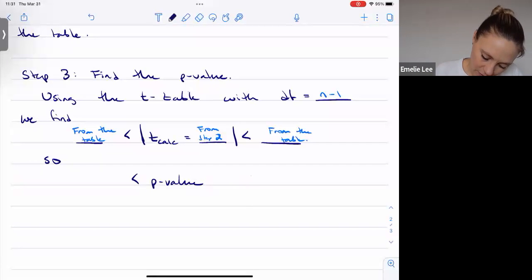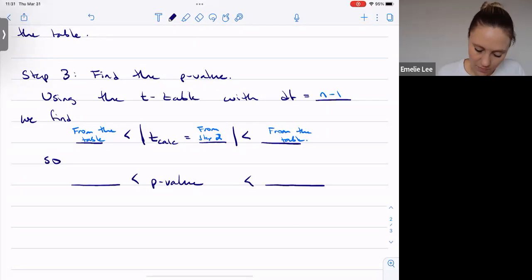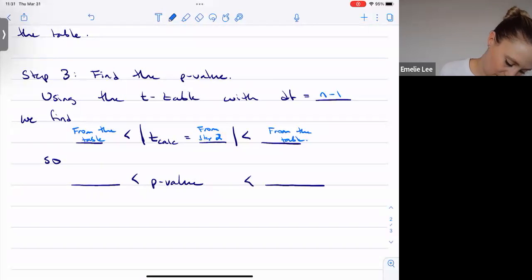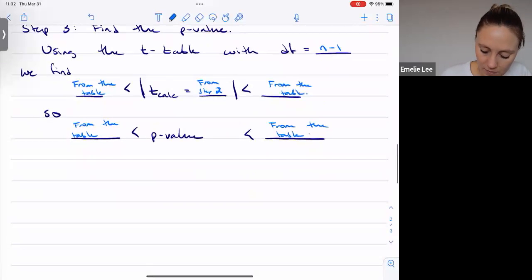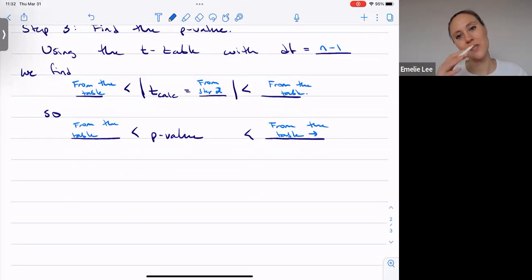I'm going to move them so they're on the same playing field here. So then my p-value, whether it's one-sided or two-sided, you would specify here, is going to be between two values. And this is also from the table and from the table. I want you to remember that you have to read from right to left, because the p-values decrease as your t's are increasing, moving out.